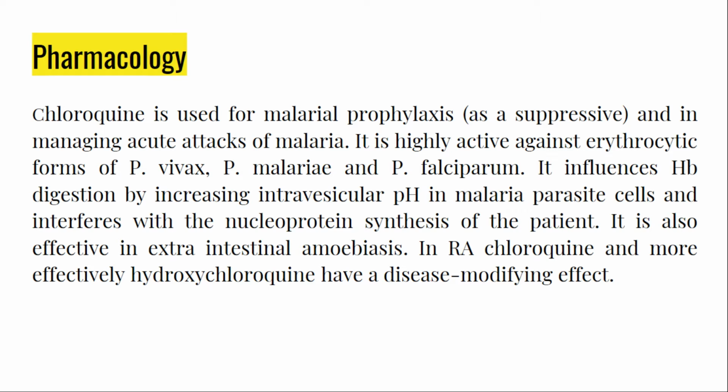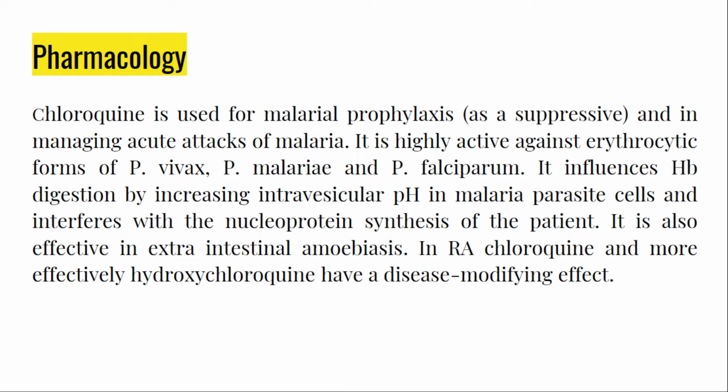Pharmacology. Chloroquine is used for malarial prophylaxis as a suppressive and in managing acute attacks of malaria. It is highly active against erythrocytic forms of P. vivax, P. malariae and P. falciparum.